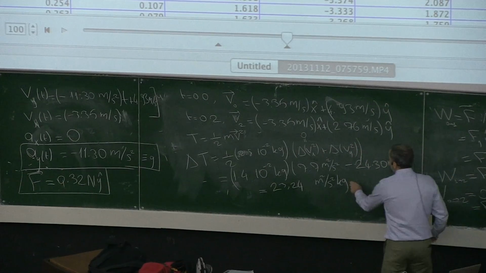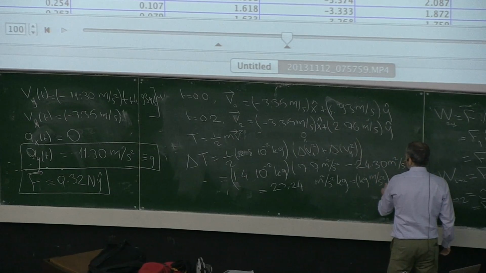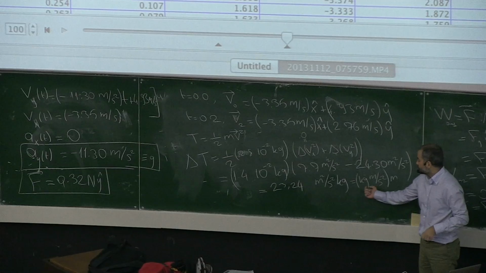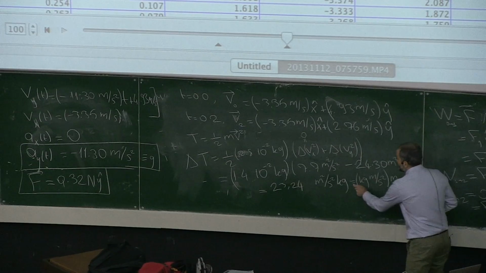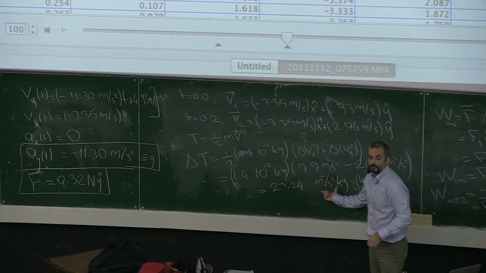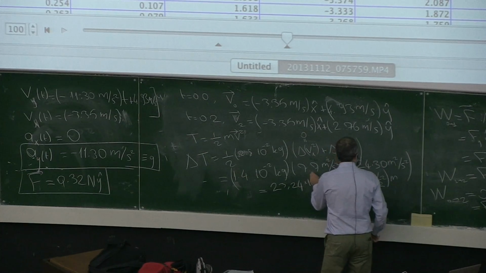Well, this I can also write as kilogram meters per second squared times meters. Kilogram meter per second squared is what we had defined as the Newton. This is Newton meter, so this is what we have as the joule. Well, here times 10 to the power minus 2.